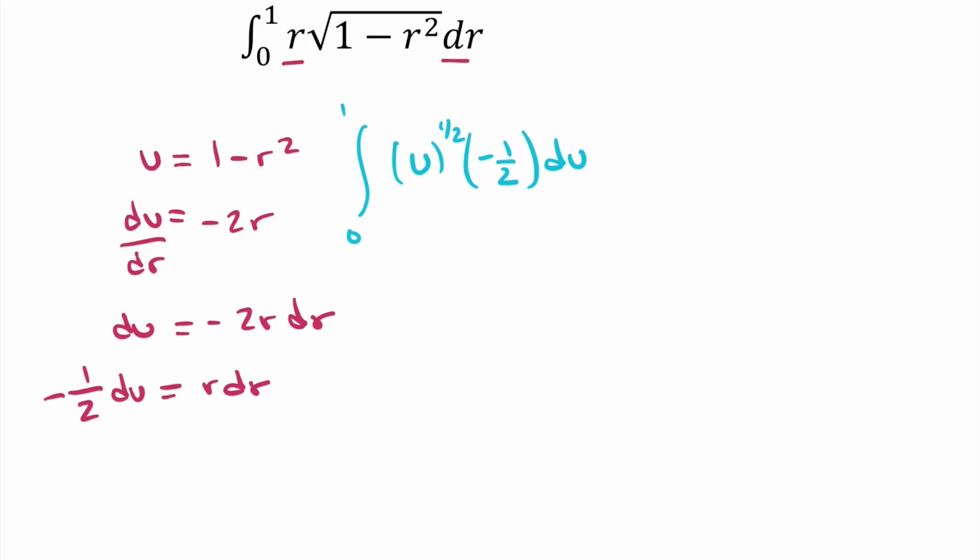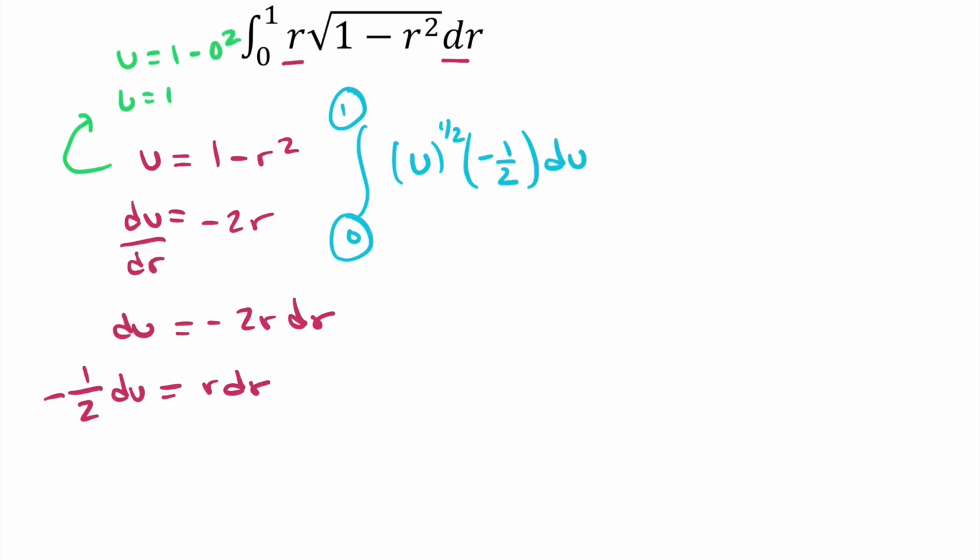The problem here is that if I don't substitute my r's back in, I would have to change both limits of integration. Because in terms of u, I take u equals 1 minus 0 squared, so u equals 1.